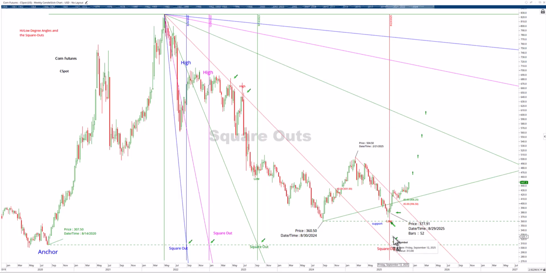It's telling you that it could be a sizable, a more important low. And sure enough, you get confirmation once you start breaking out above Gann lines, the green one, this red one here, and you're starting to accelerate.